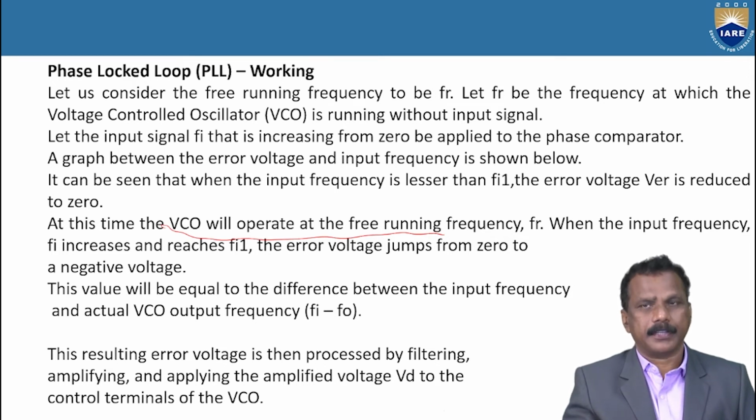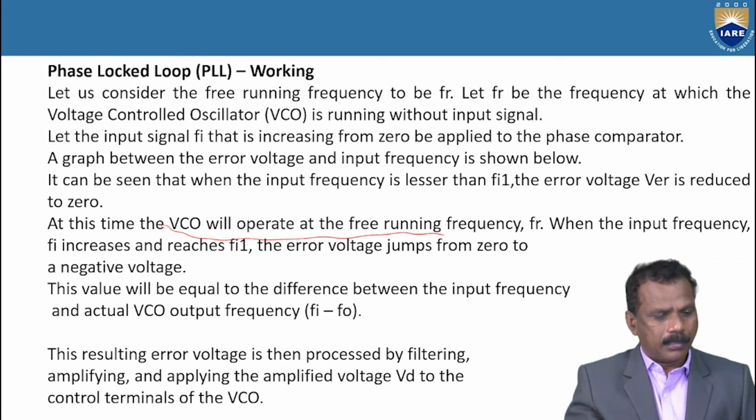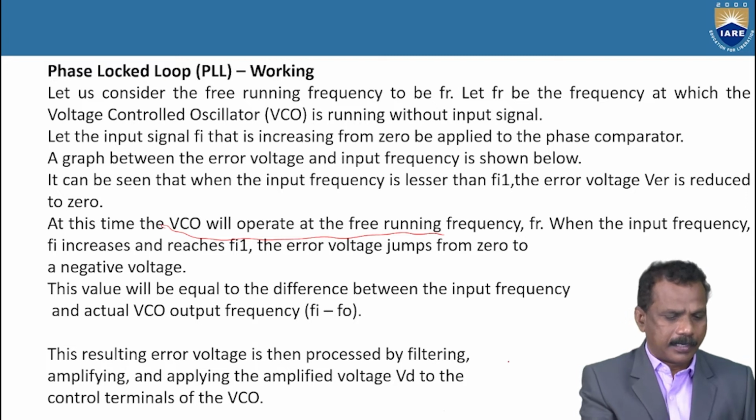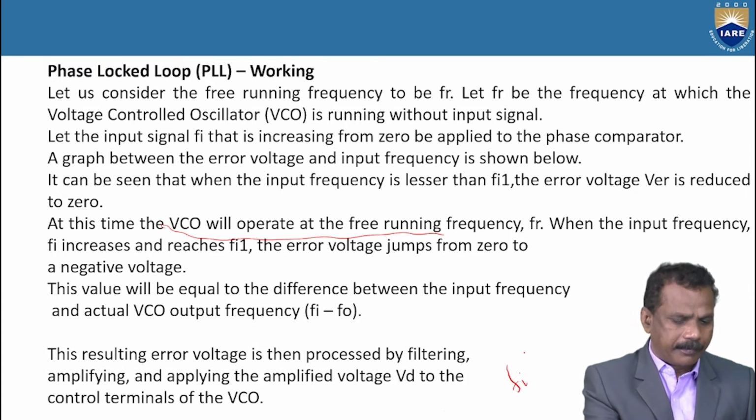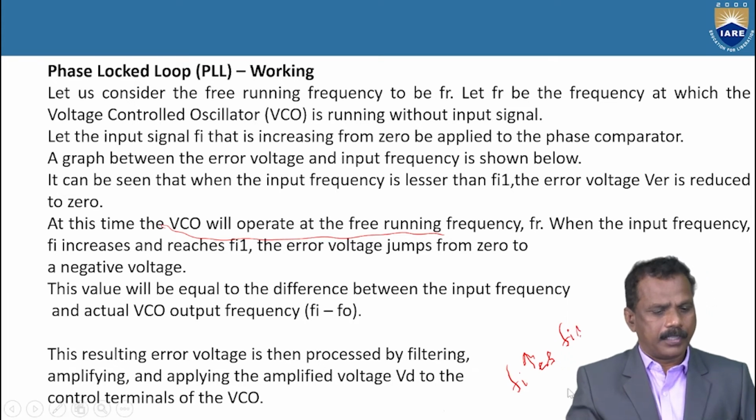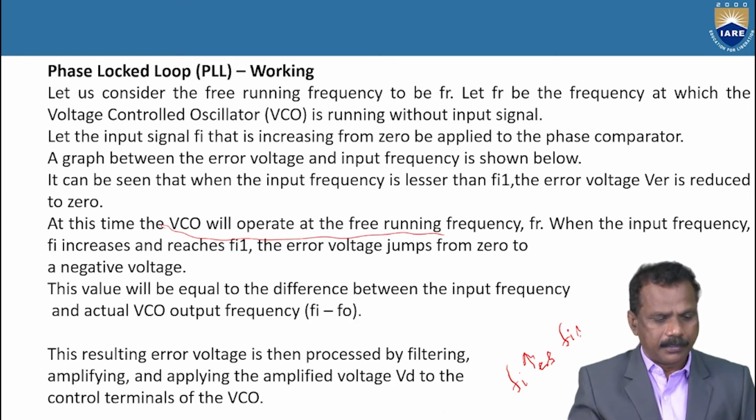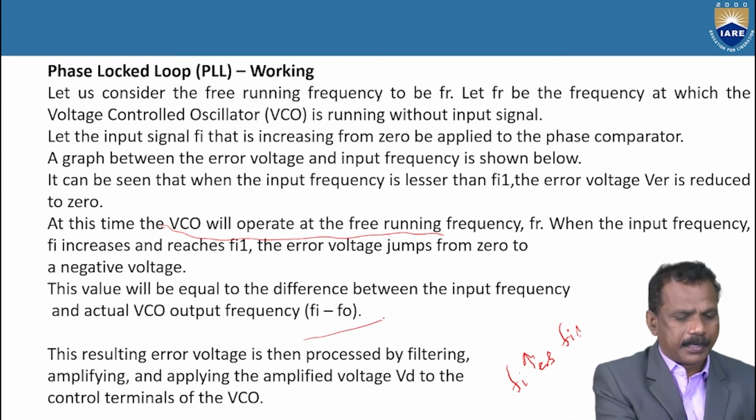When the input frequency Fi increases and reaches Fi1, the error voltage jumps from 0 to a negative voltage. This value will be equal to the difference between the input frequency and the VCO output frequency, Fi minus F0.